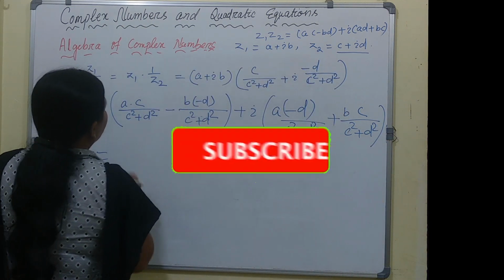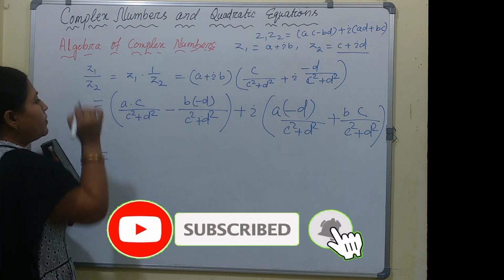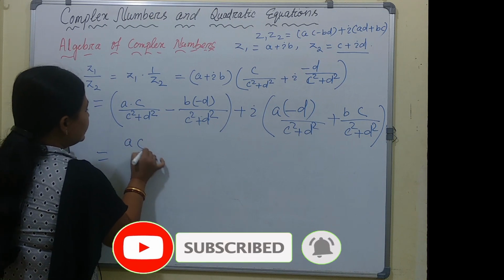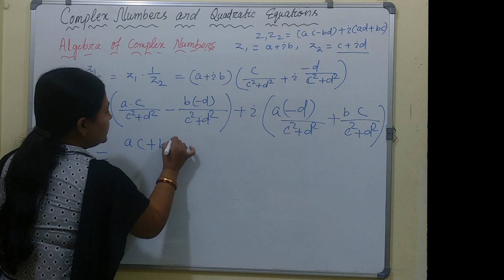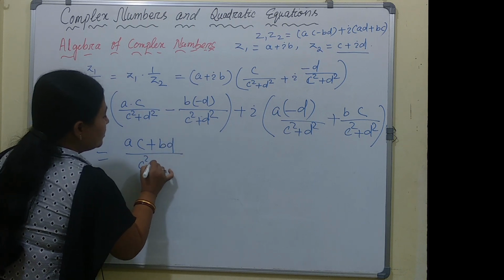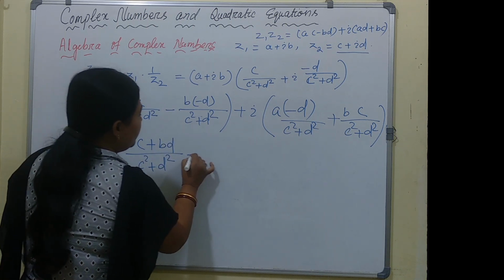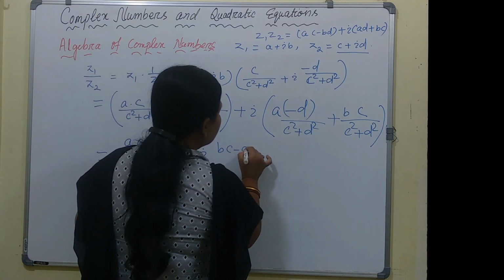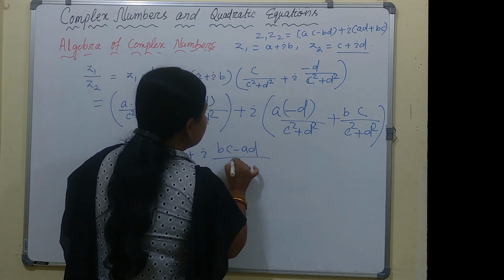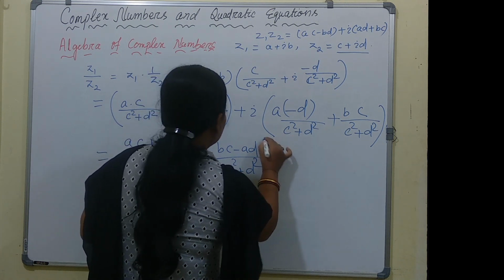Now we get the value of z1 by z2 is equal to ac plus bd by c square plus d square plus i whole into bc minus ad by c square plus d square.